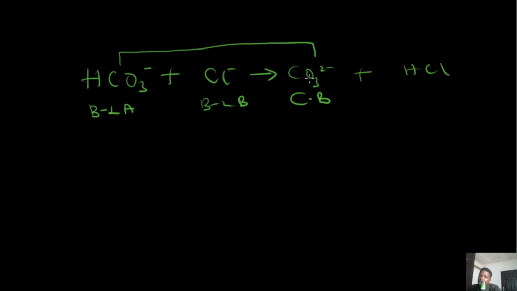So let's consider this again. A Bronsted-Lowry acid will form a conjugate base, which means that a Bronsted-Lowry base would form a conjugate acid. So just have that in mind, that anytime you are considering a reaction between a Bronsted-Lowry acid and a Bronsted-Lowry base, the conjugates are basically like opposites.